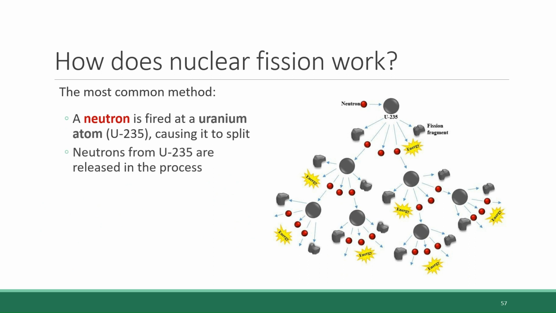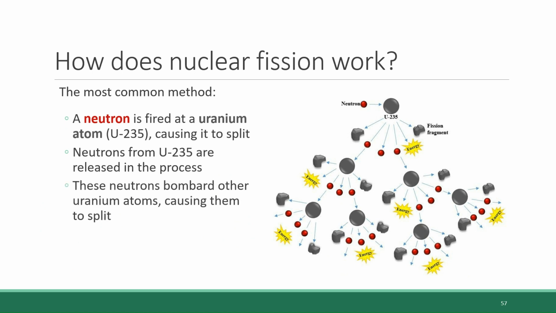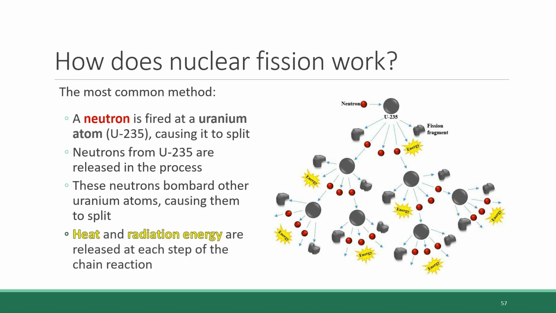But the effect of this is that the nucleus of the uranium atom breaks down, and in the process, some of its neutrons are scattered. Those neutrons then go on to bombard other uranium atoms in the vicinity, which causes them to split apart and more neutrons to be scattered. So there's this chain reaction of nuclear fission leading to more nuclear fission.